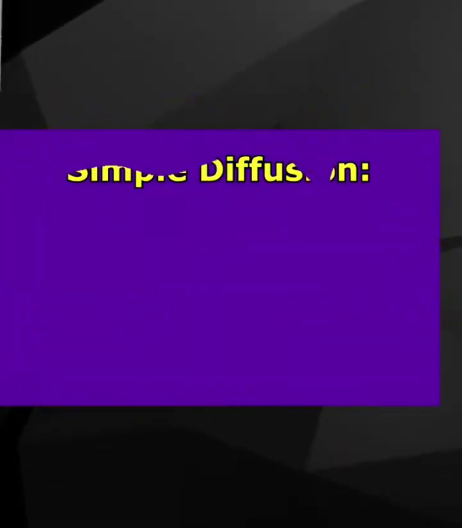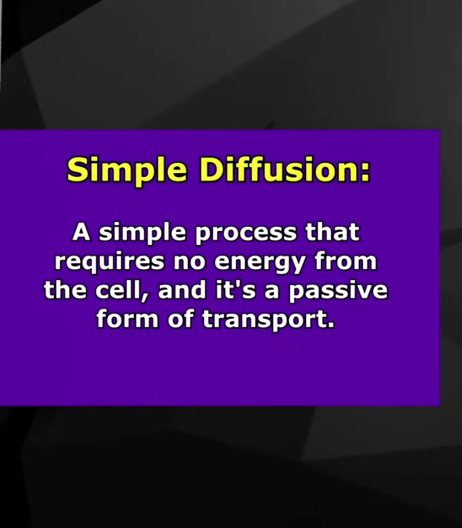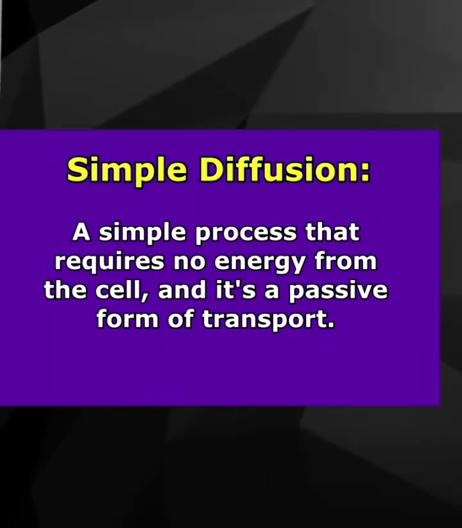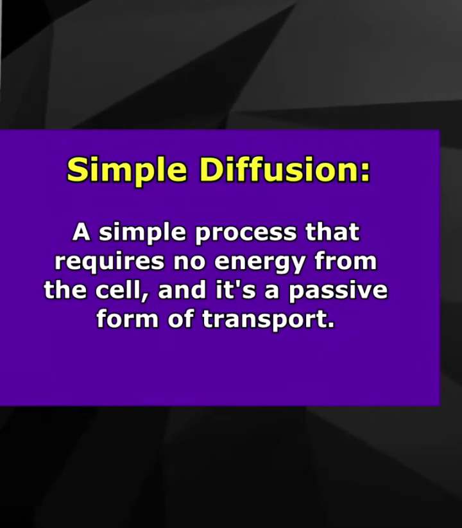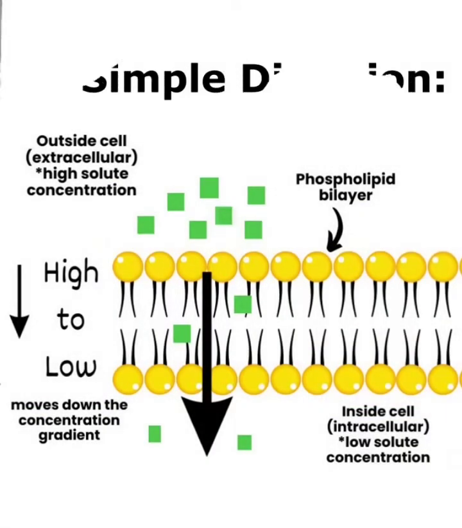Simple diffusion is just as its name says. It's a very simple process because it requires no energy from the cell and it's a passive form of transport. So what happens with this process is that molecules, hence solutes, are going to move from a high concentration to a low concentration. So here we see outside of our cell a lot of solutes.